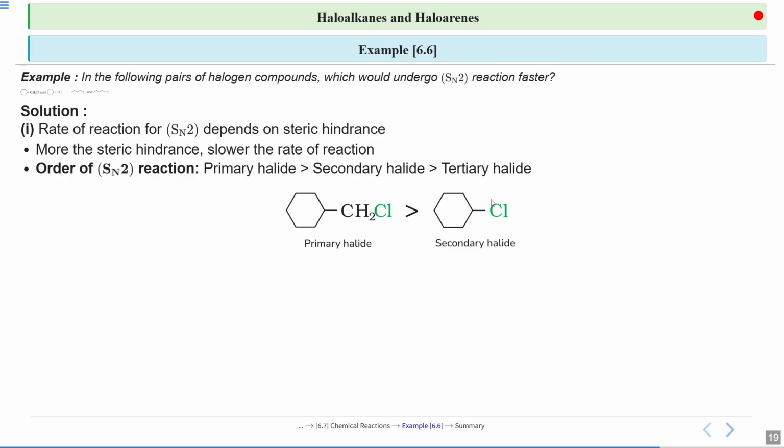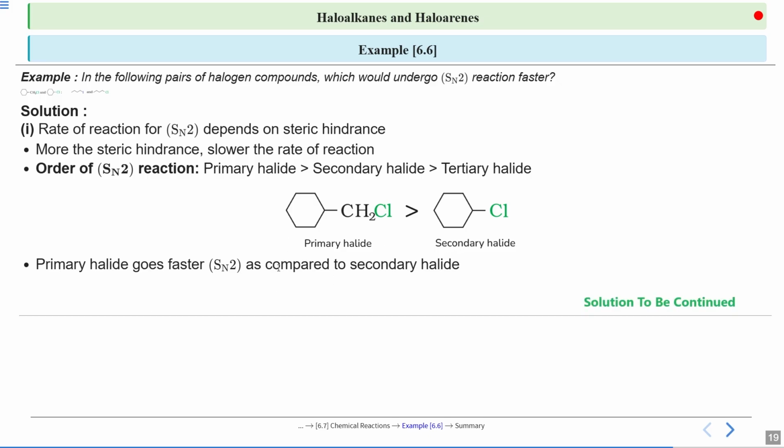Meanwhile, this other halide is a secondary halide, because chlorine is attached to the carbon which is bonded to two other carbons. So as per the order of SN2 reaction, the primary halide should undergo the SN2 reaction faster compared to the secondary halide. So the first halogen compound given here, which is the primary halide, will undergo the SN2 reaction faster.